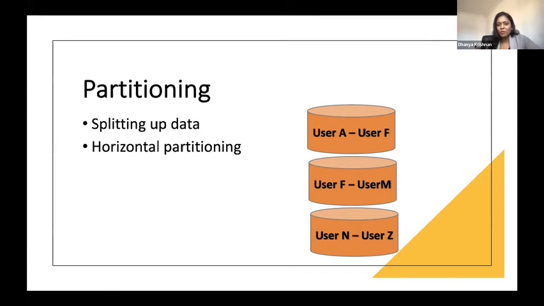So this is probably not the best example of how you should partition your data, but just for you to understand what partitioning means, this could be taken as an example.